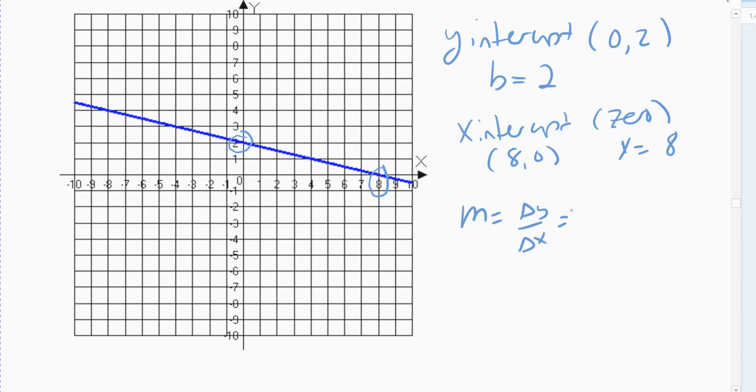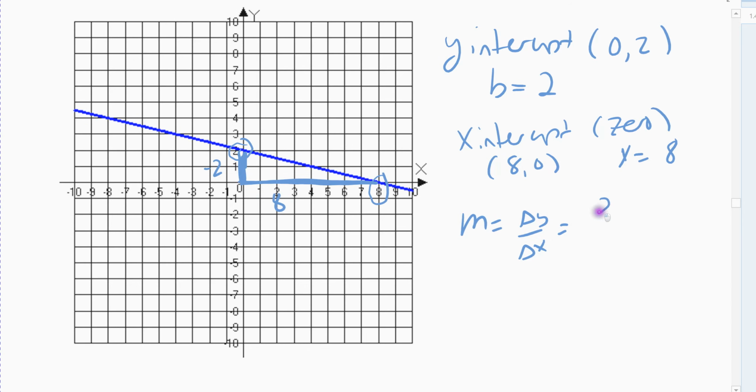My slope then, change in y over change in x. So if I use my change in y, I'm going to go down 2, negative 2, and over 8. So it's a negative 2 over 8, so negative 1/4, right? It should be negative, and it is negative 1/4, or negative 0.25 if you prefer, which is probably the way we were going to describe the slope.